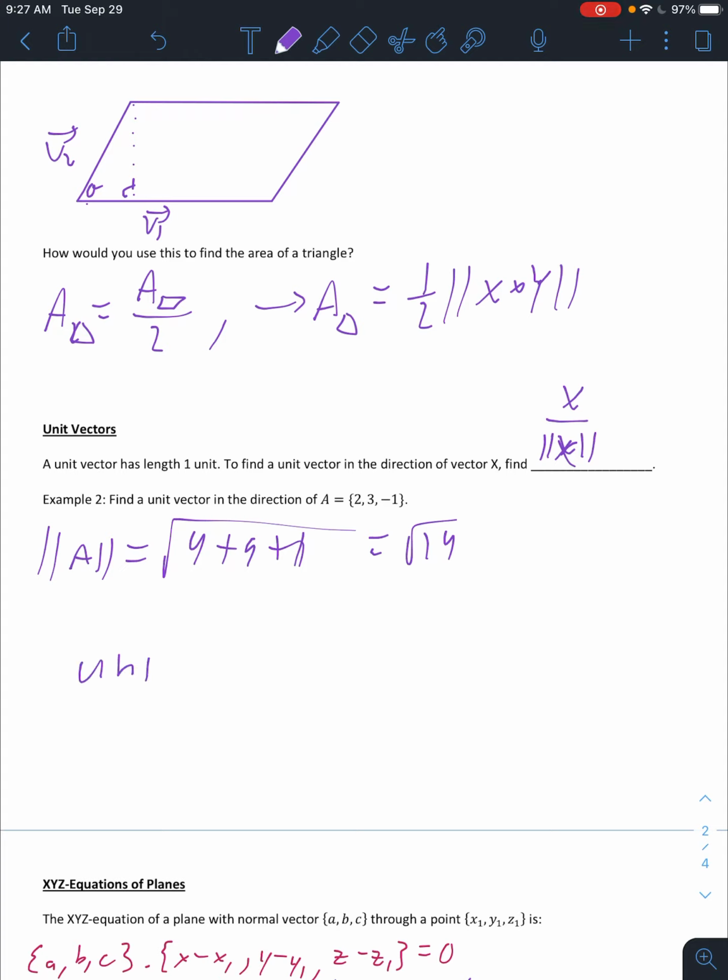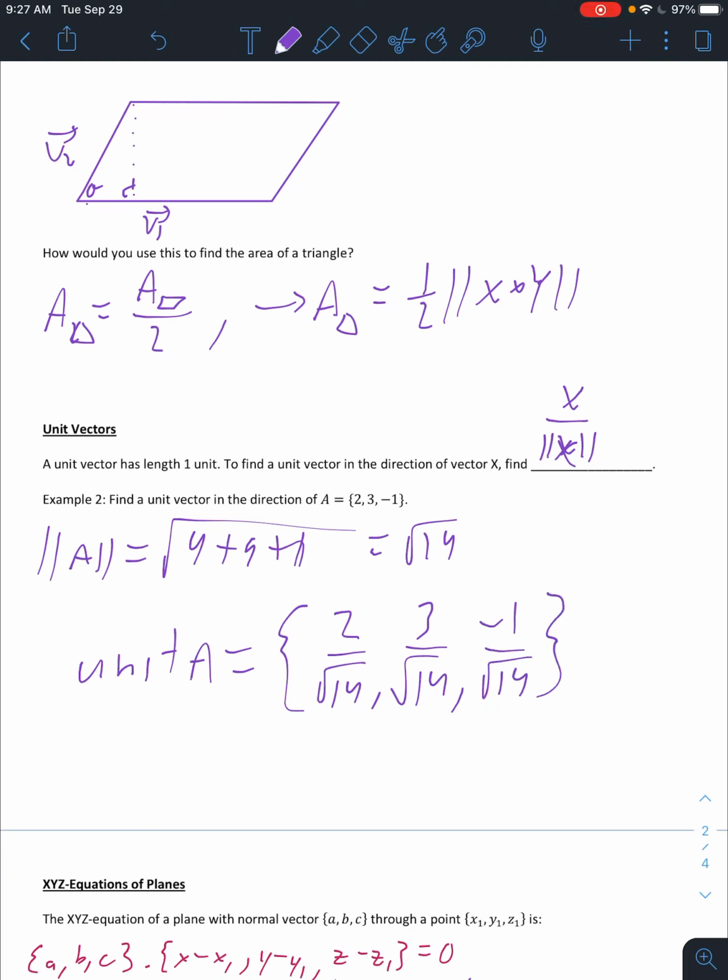So the unit vector in the direction of A would then be 2 over root 14, 3 over root 14, negative 1 over root 14. No need to rationalize anything like that. We're good there.